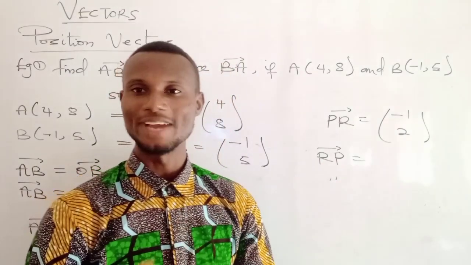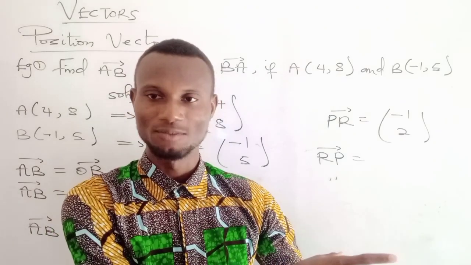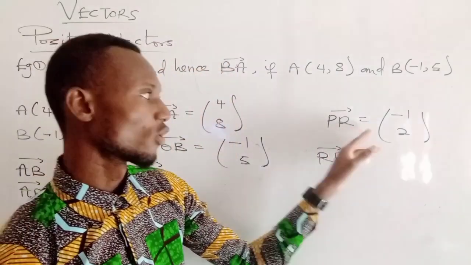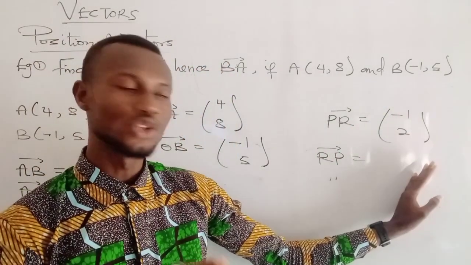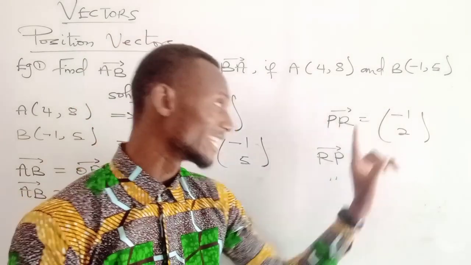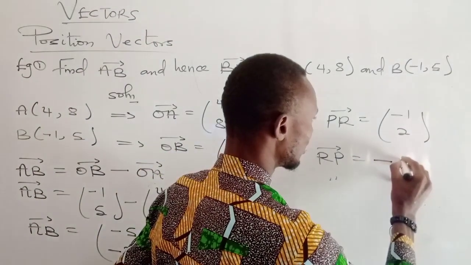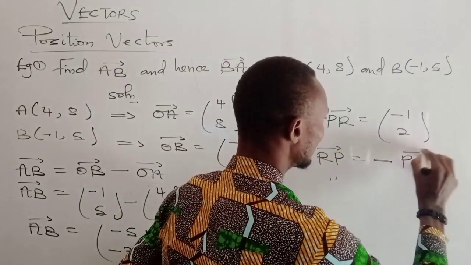So the inverse of any vector is simply the negation of that vector. Having PR equals -1, 2, for me to get the inverse, which is the RP, all that I need to do is to negate the PR. So my RP will be equal to the negation of the vector PR.